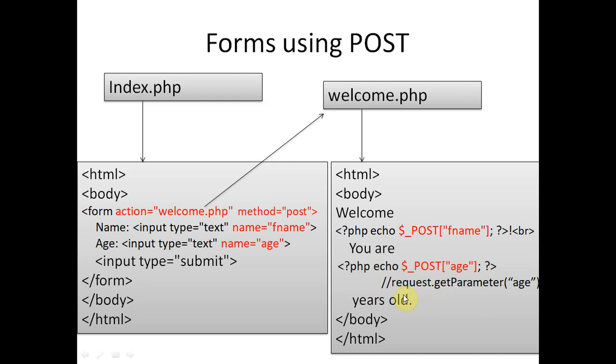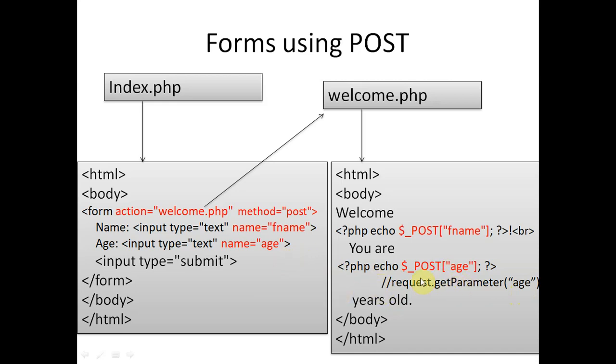So I am explaining to you that this request is an implicit object of JSP. JSP has 8 implicit objects, request, response, like that. So request is one of the implicit objects of JSP. By request.getParameter, we access the value of age in JSP.